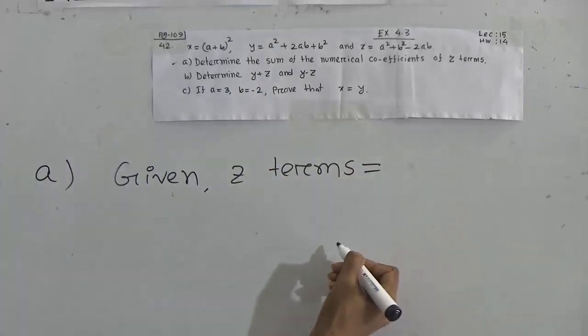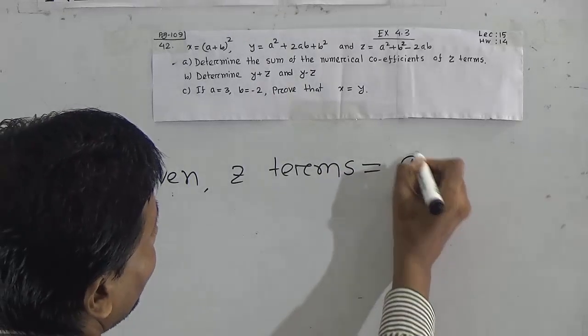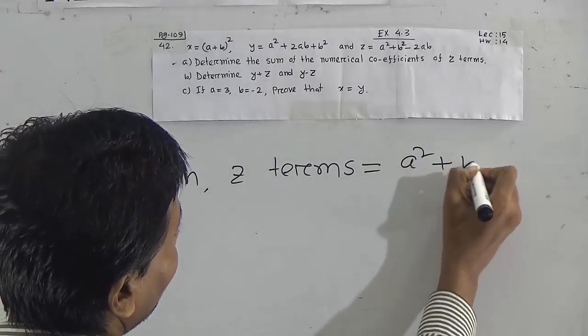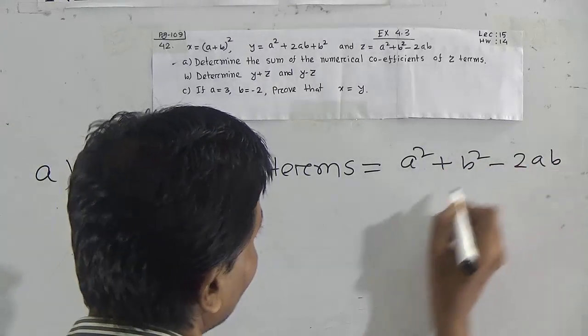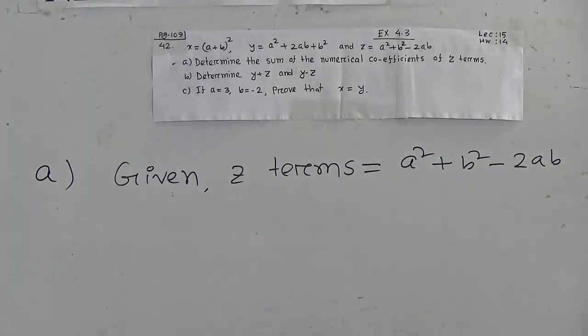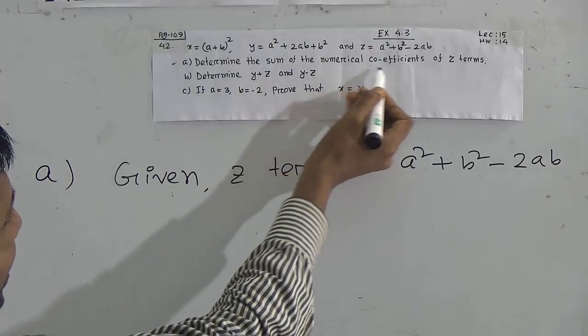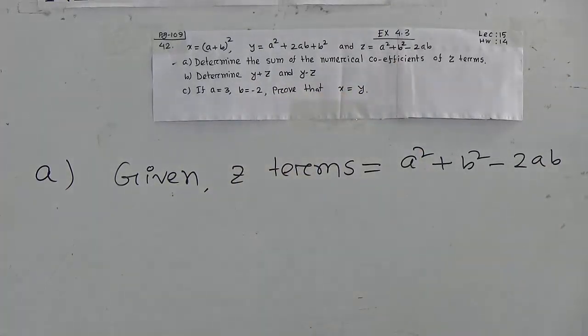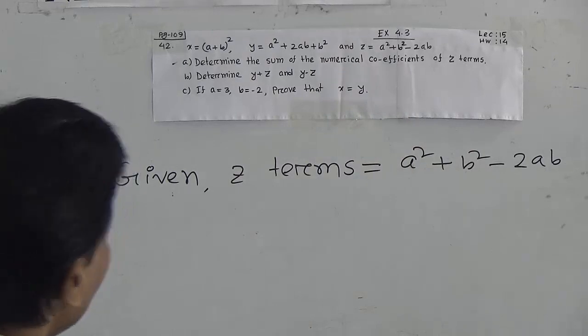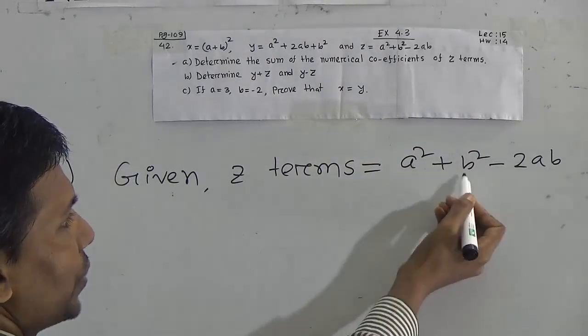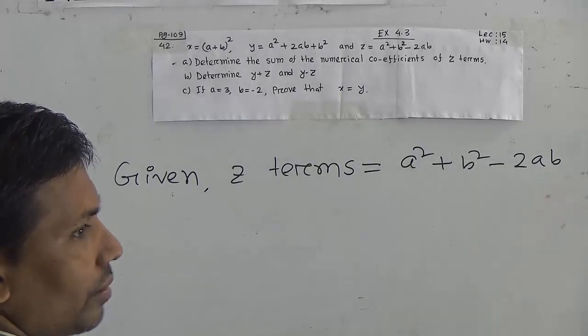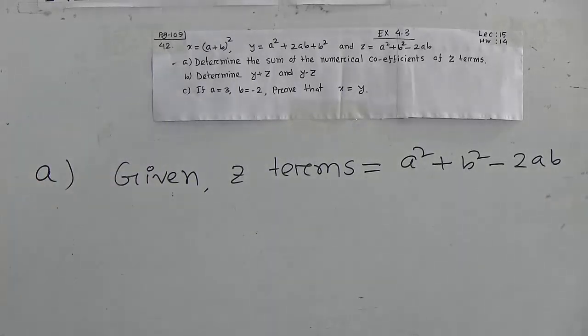Given the z terms: a square plus b square minus twice ab. Now the question is the sum of the numerical coefficients of the z terms. That means we have to determine at first the coefficients of a square, b square and ab.